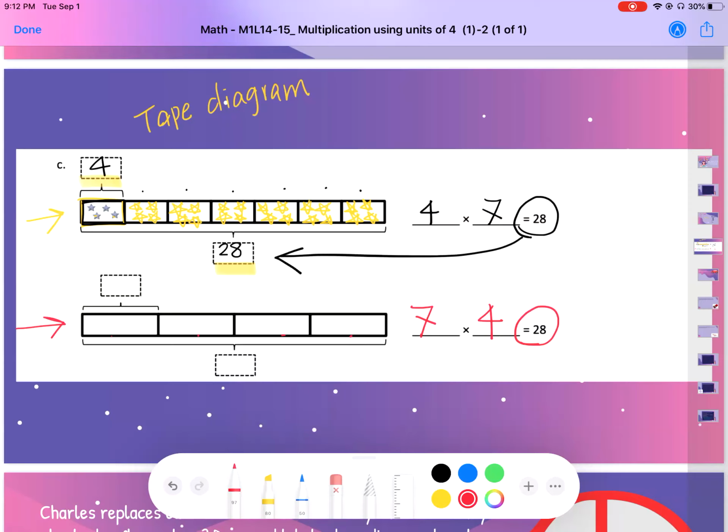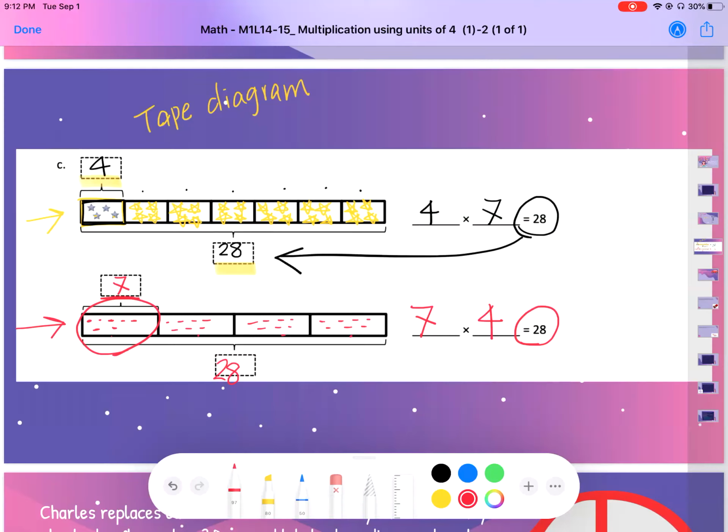I'm just going to draw dots instead of stars. And when we're labeling it, we don't put 4, because in this box here there are 7 dots. And we have the same total, which is 28.